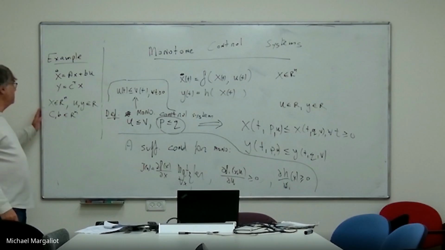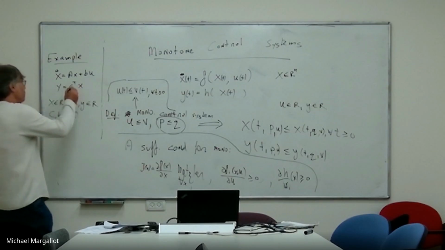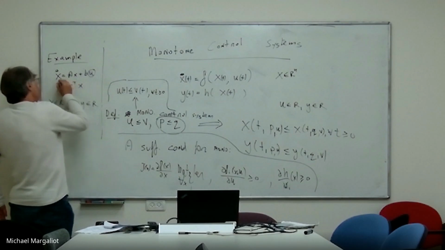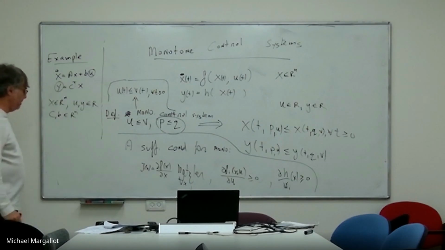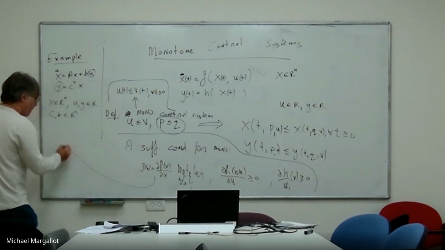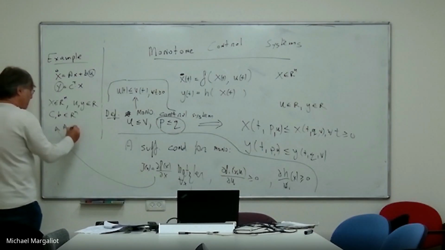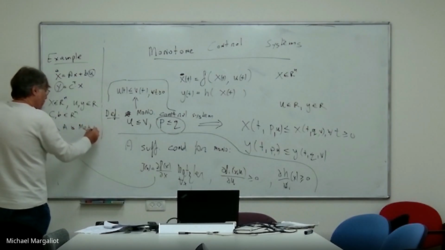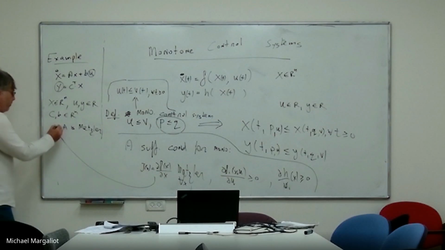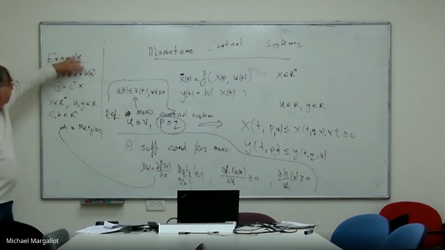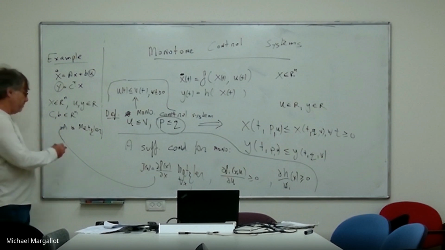So I look at this system, a linear system, and you see now there is an input and there is an output. So let's see what these three conditions mean. This condition says that A is Metzler. These are the sufficient conditions for the system to be a monotone control system. df to dx, I differentiate this. This is f. I differentiate it with respect to x. I just got A, and A must be Metzler.